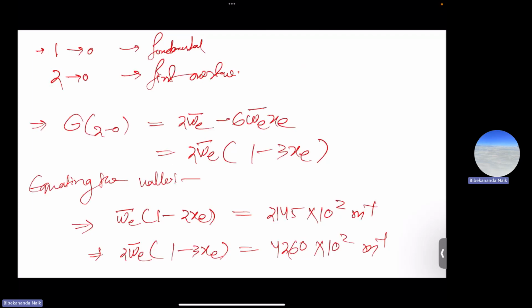So if you solve it, simply subtract the equations. Suppose this is equation 2 and this is equation 1.